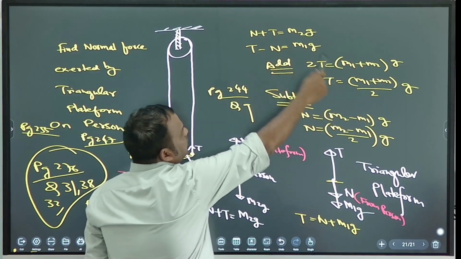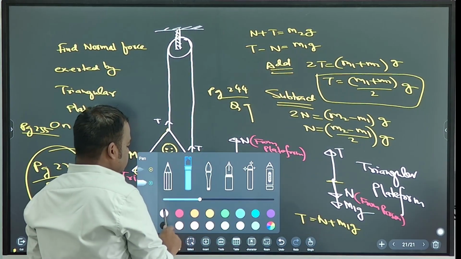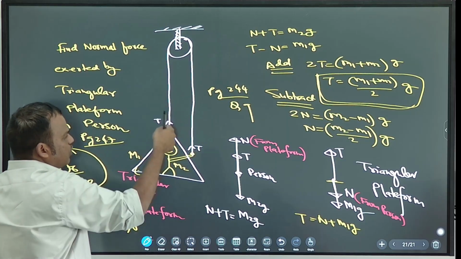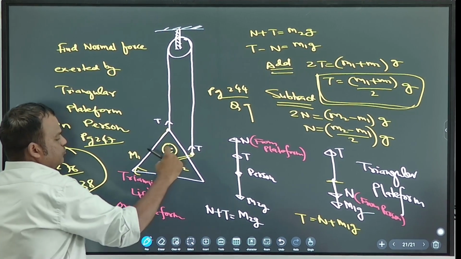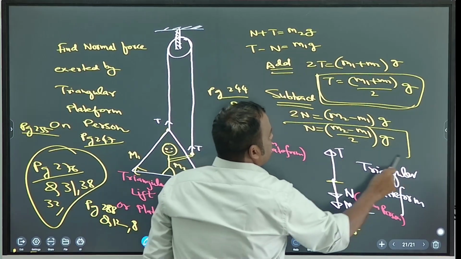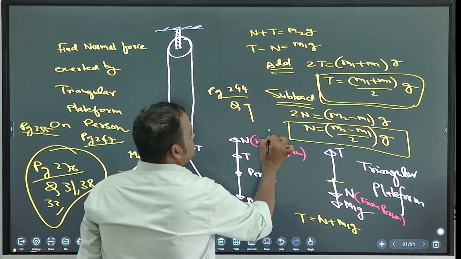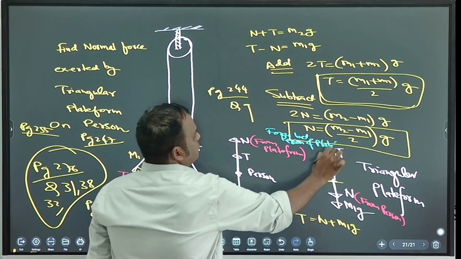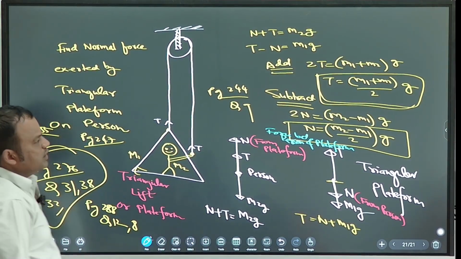Note down: force exerted by string on platform is T, and force between person and platform is N. Okay, this is the triangular platform.